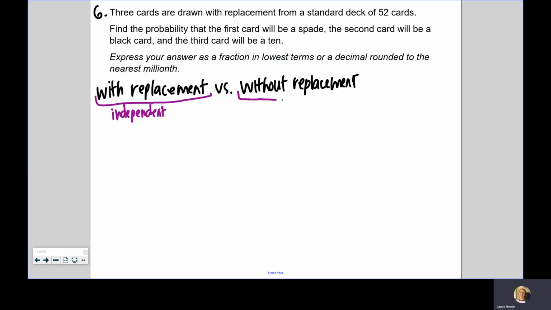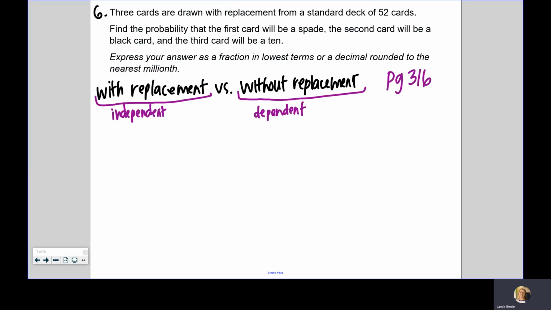If you complete two events without replacement, these are going to be dependent events. Whenever you are picking outcomes with replacement, that means that your objects are placed back into consideration for the following choice. When you're choosing objects without replacement, then objects are not placed back into consideration for the following choice. And you can find that definition on page 316 of your textbook.